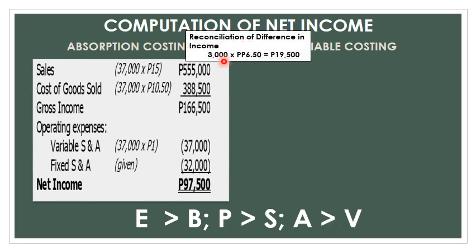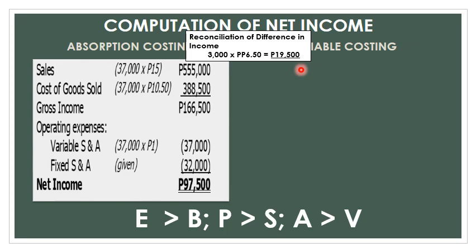Change in inventory, yung 40,000 less 37,000, may difference na 3,000 units, which is the change in inventory, times 6 pesos and 50 centavos. Saan po nanggaling yan? Yan po yung fixed factory overhead or fixed manufacturing overhead per unit. So, ang difference in income daw under absorption and variable costing ay 19,500.